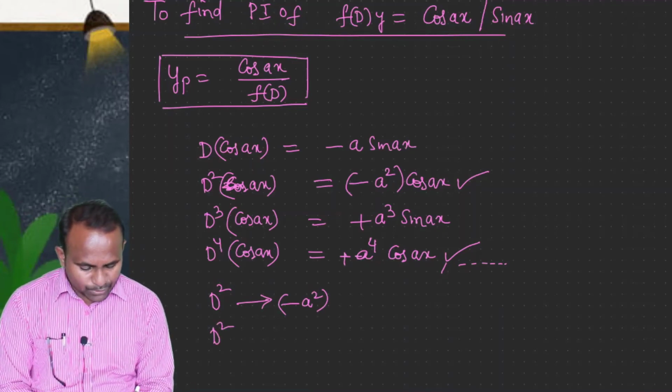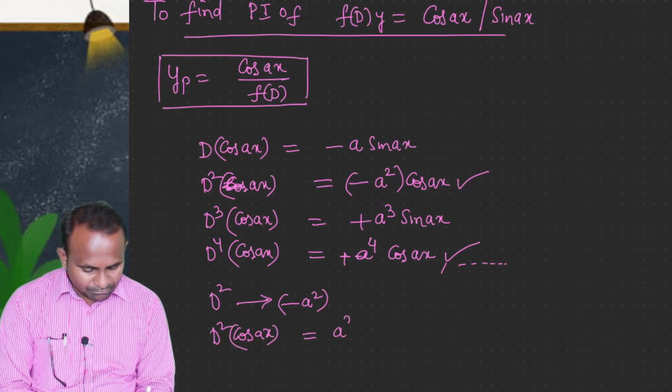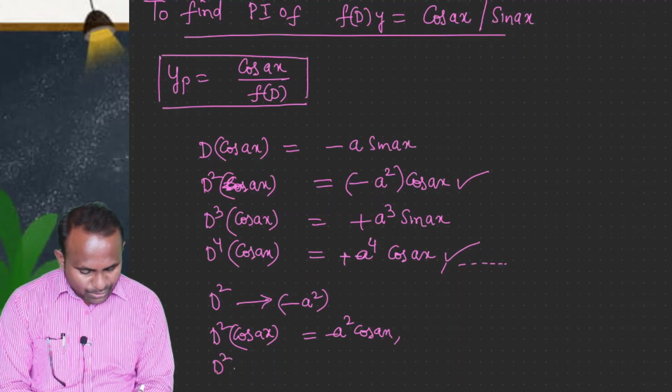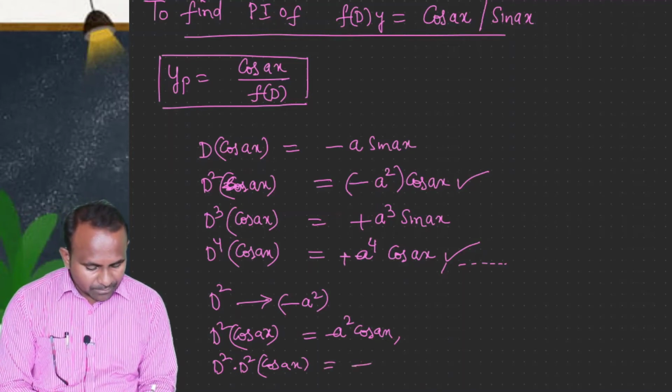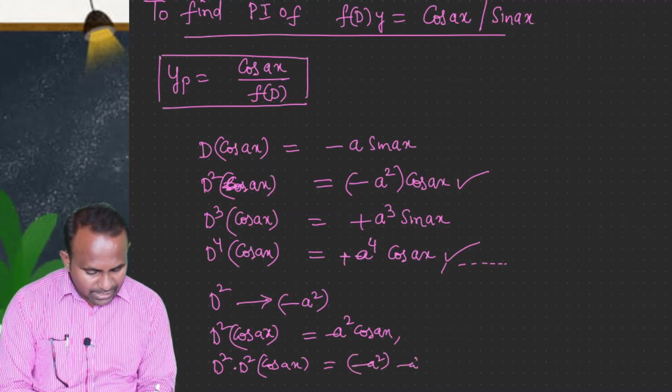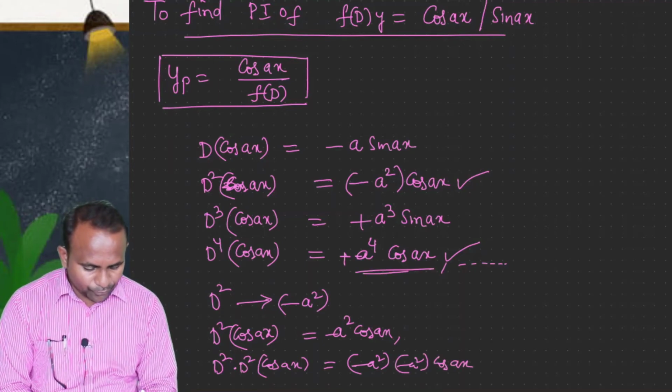If you operate D square on cos ax, it is minus a square times cos ax. If it is operated with D power 4, it is giving minus a square into minus a square times cos ax, so a power 4 times cos ax.